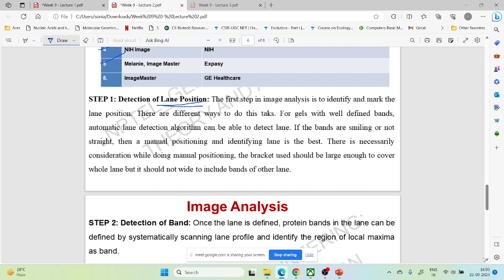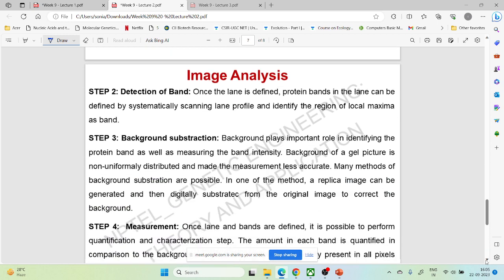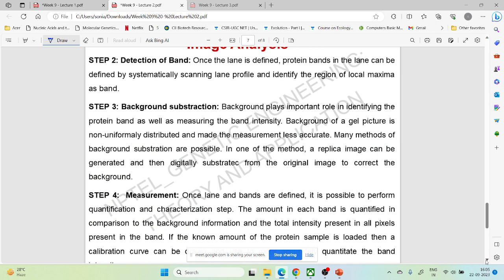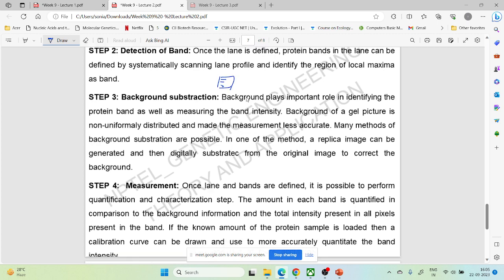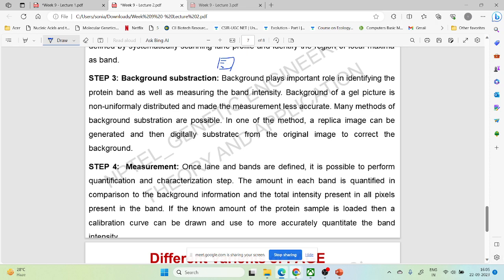Select the bands means, if you have gone through the video, you must have seen that there are so many bands. Many bands come even in one lane.